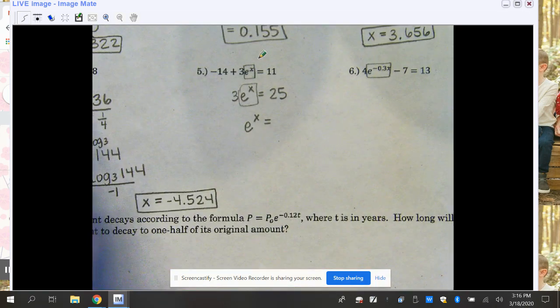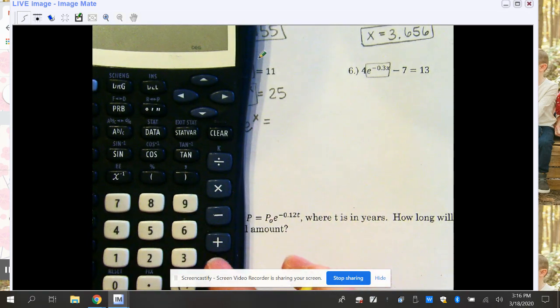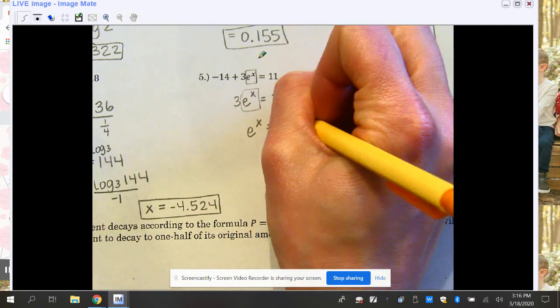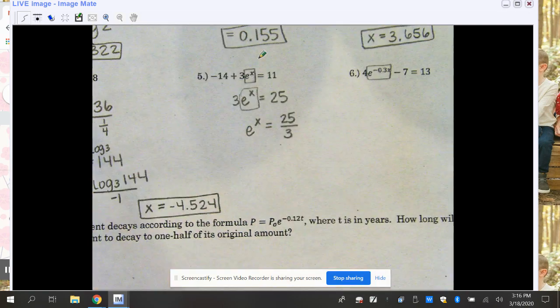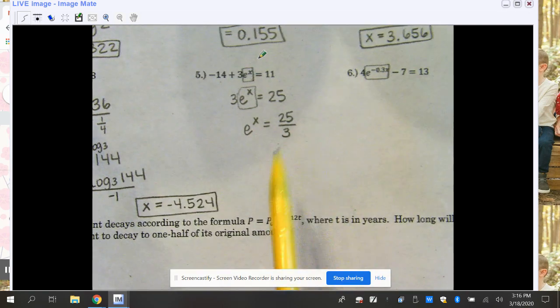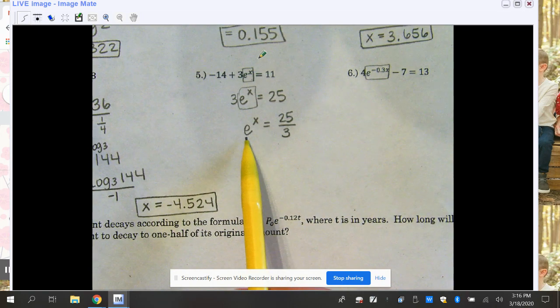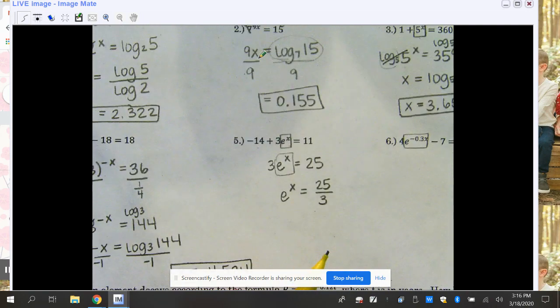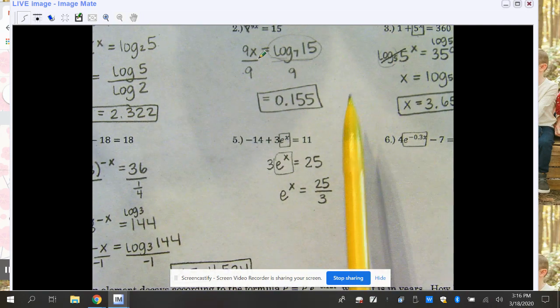25 over 3 is going to give me a repeating decimal, so leave it as an improper fraction so we can get as exact an answer as possible. So now I've got an exponent with a base of e. In all of these other ones, I used the common log that had the same base.